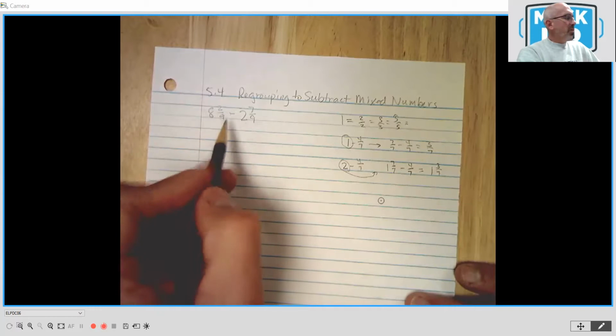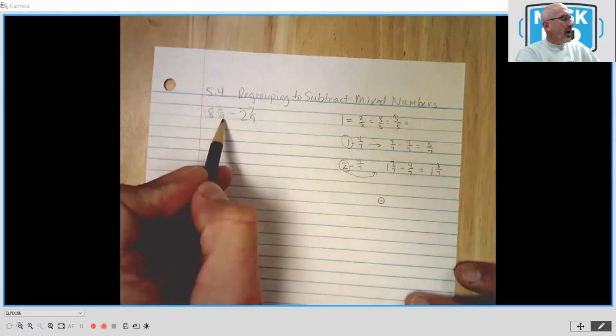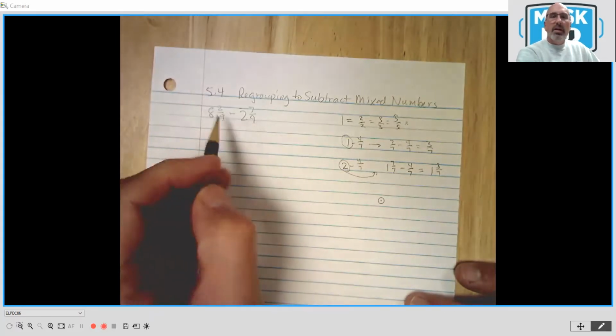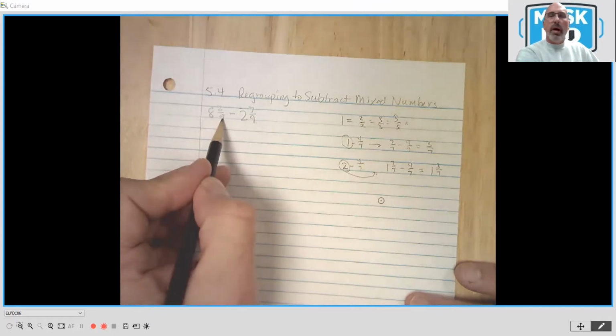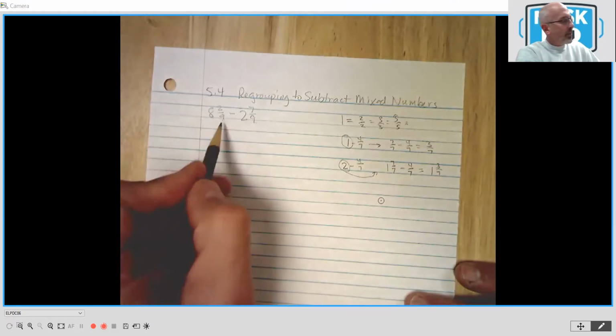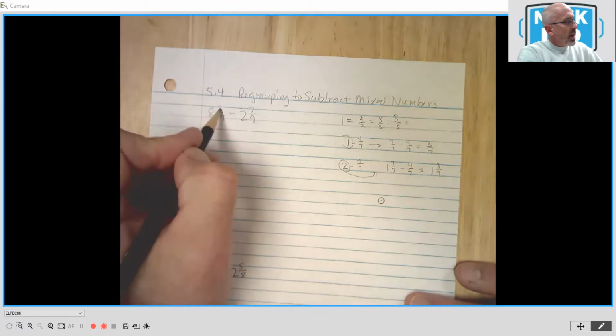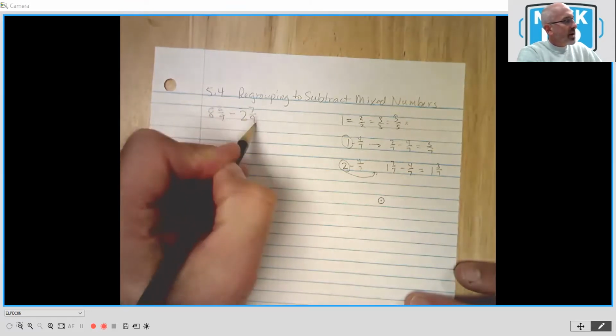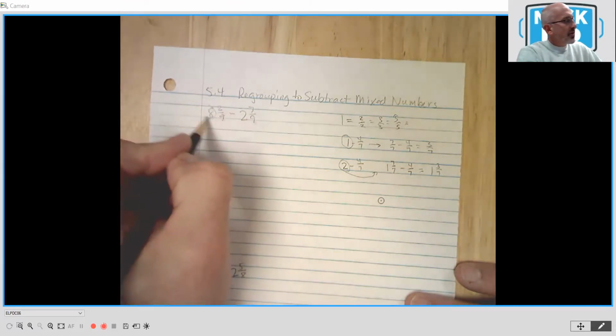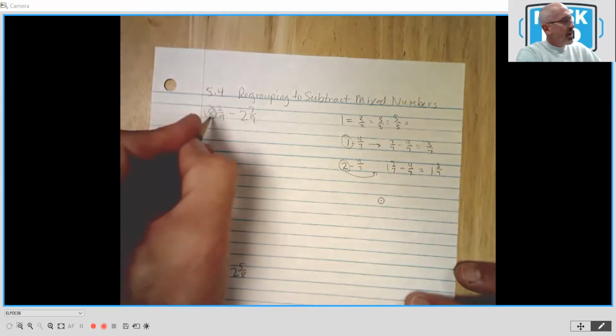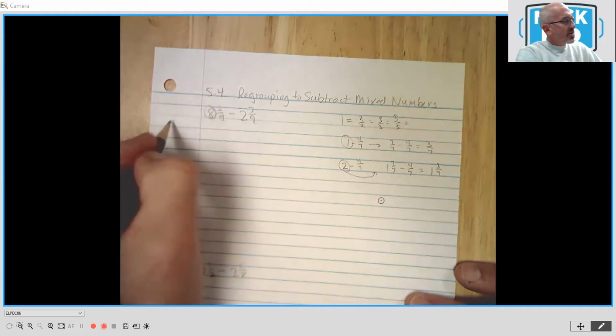Okay, we're starting with one where our denominators are alike, so we don't have to worry about getting a common denominator. So what we're going to do is we cannot subtract the 2/9 minus 7/9. So we have to borrow or regroup from this 8. So this 8, I'm just going to write this over here.